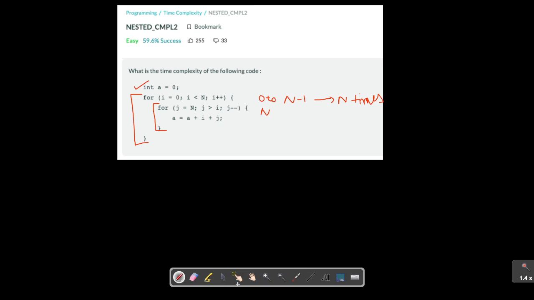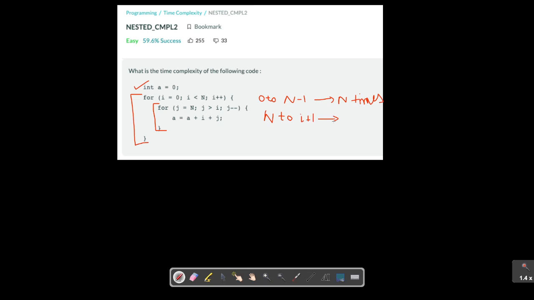Its initial value is n, so the value of j will range from n, and it should be greater than I. So it just won't touch I, and j will run from n to I plus 1.